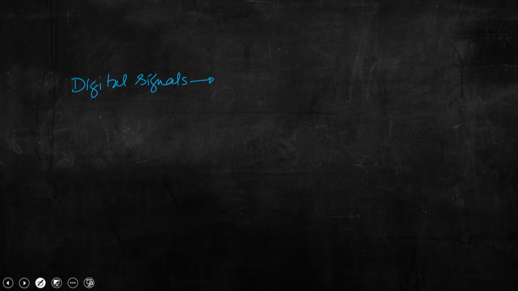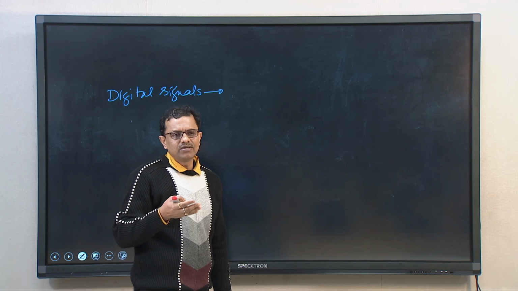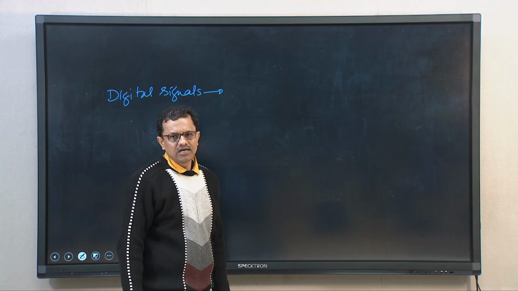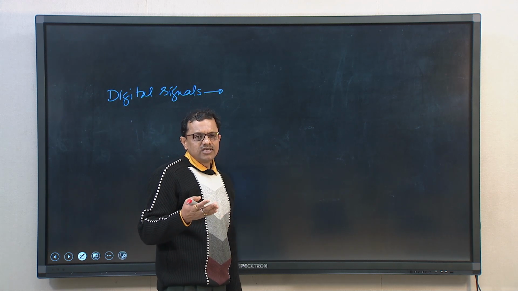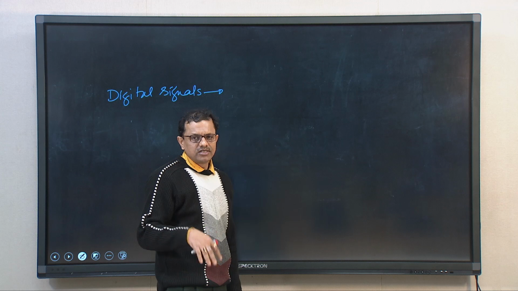Okay. Now, if we write digital signals, as I told you, any digital signal has two different states. Each state is identified by a particular level of voltage, typically 0 volt, and another one is 5 volt or 3.3 volt.